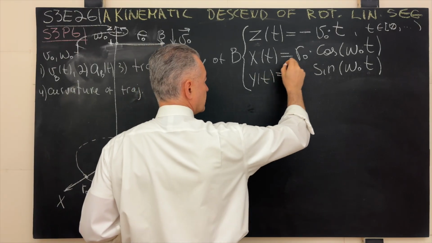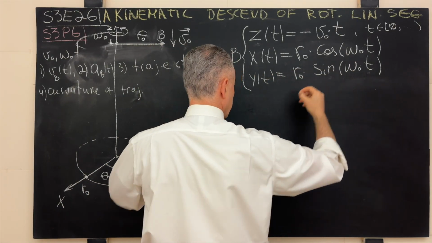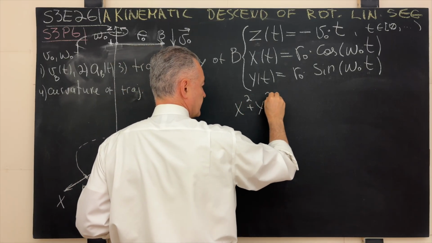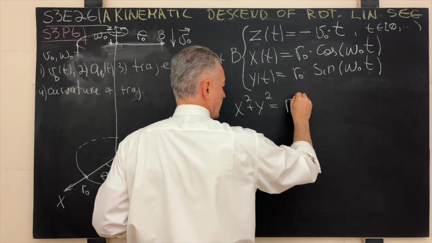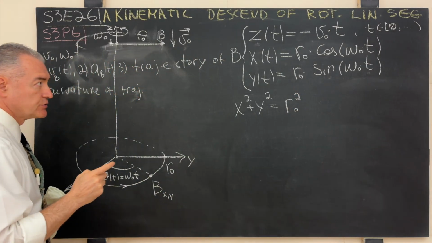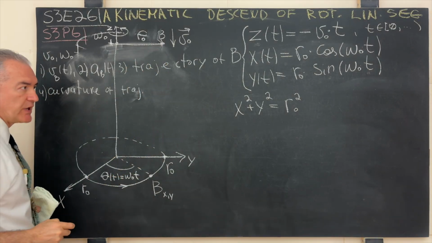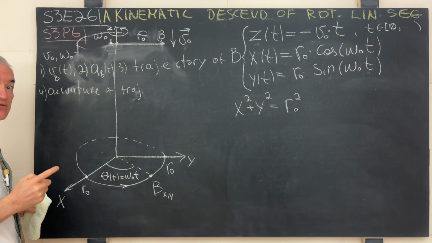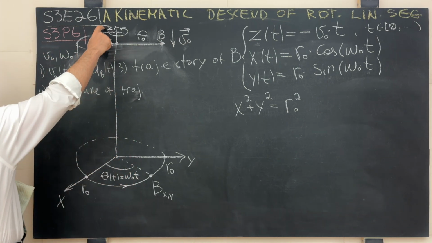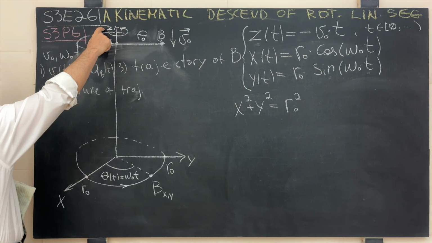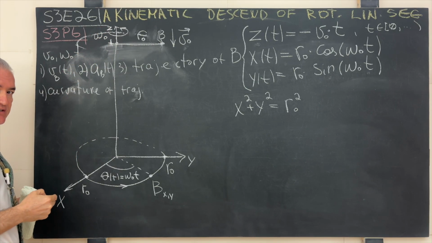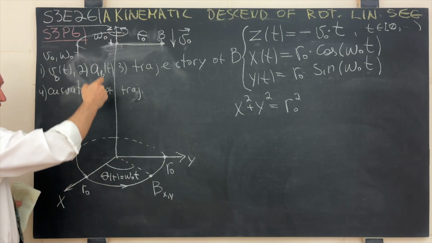Squaring both sides of the last two relations, then adding them together, we have x squared plus y squared equals r0 squared, which means that at all times the point B is located on the outer surface of a right circular cylinder, and the axis of the cylinder will coincide precisely with the z-axis, and each and every generatrix of such a cylinder will be parallel to the z-axis.